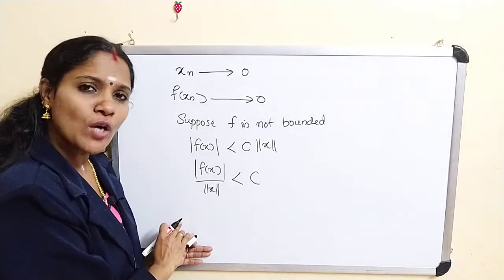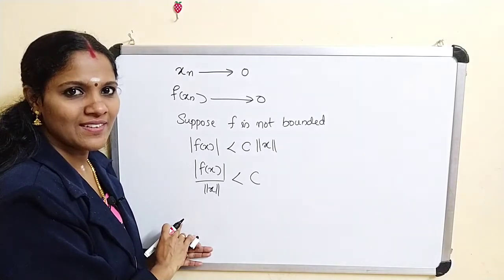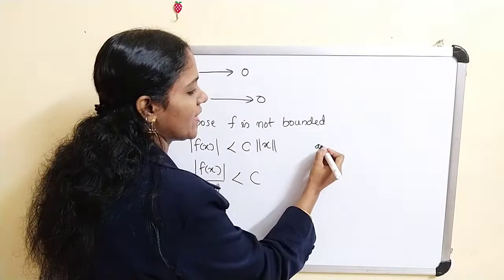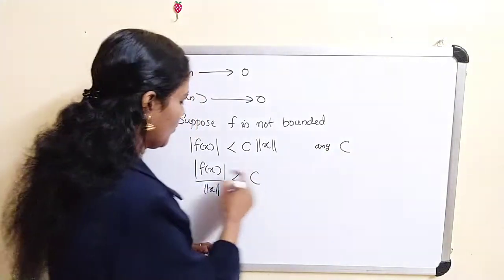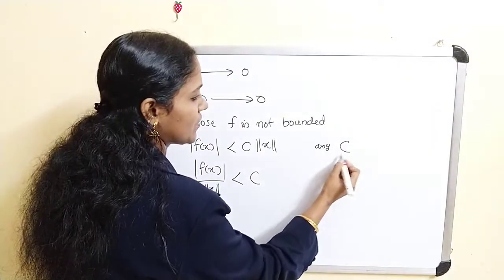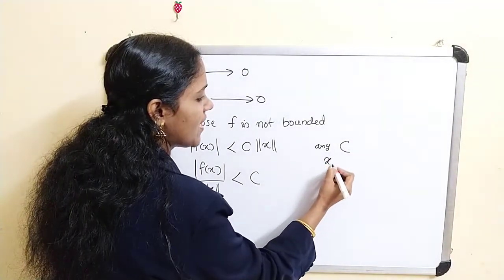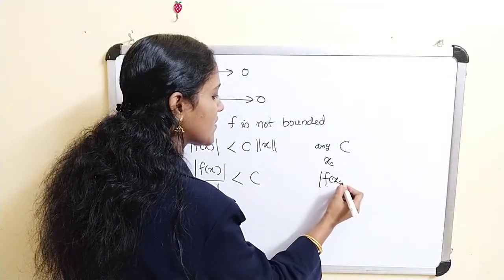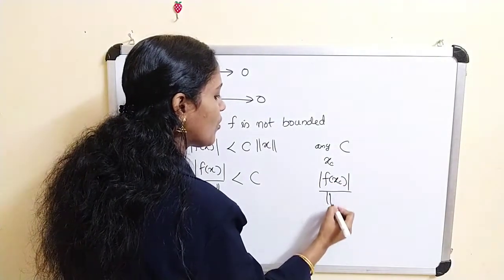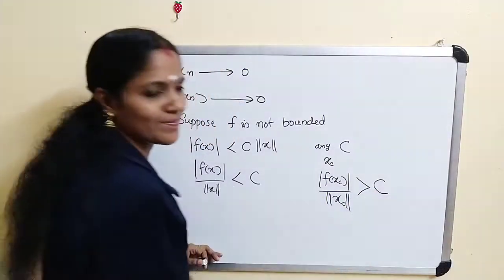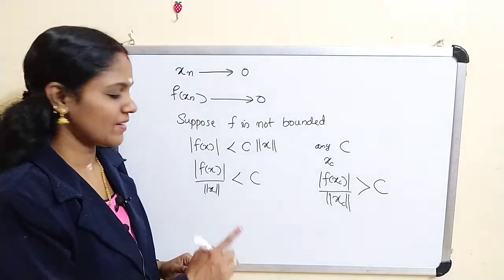Now f is not bounded means, if you take any c, you can find some xc such that modulus of f of xc by norm of xc is greater than c. I am repeating.